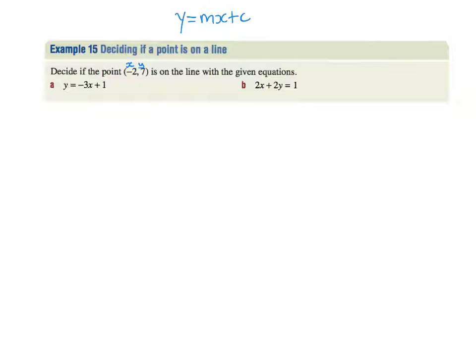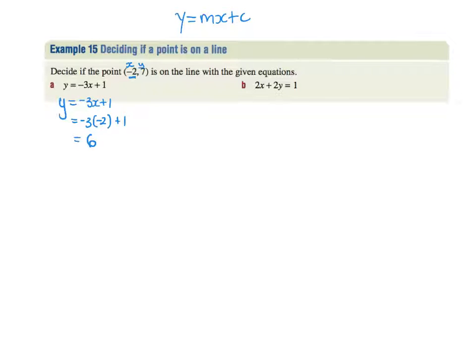So if you want to know whether that point actually lies on that line, you sub those values in and see if that's true. So for the first one, they're telling me that y equals -3x plus 1. So when I sub in the x value, which is -2, I get -3 times -2, which is +6.